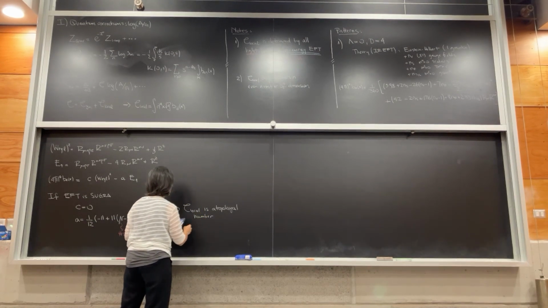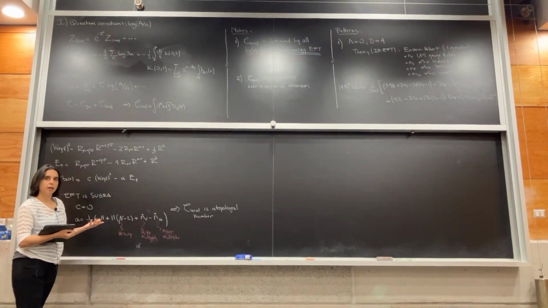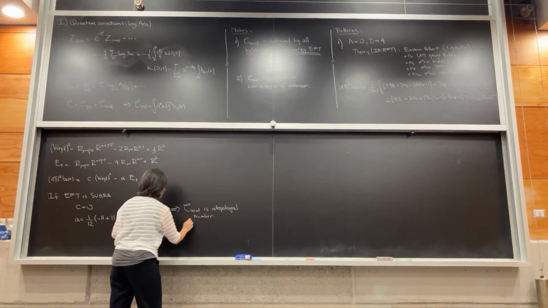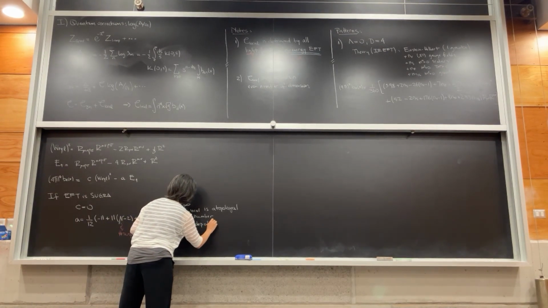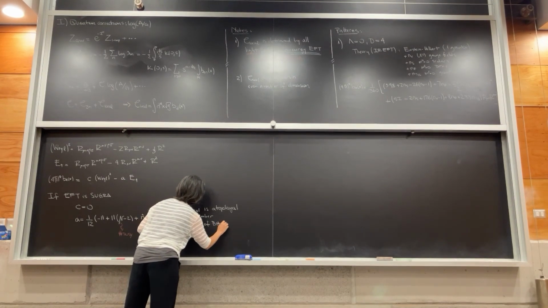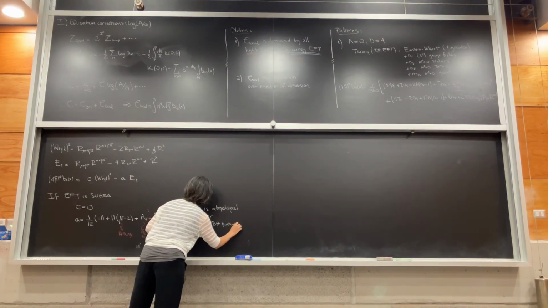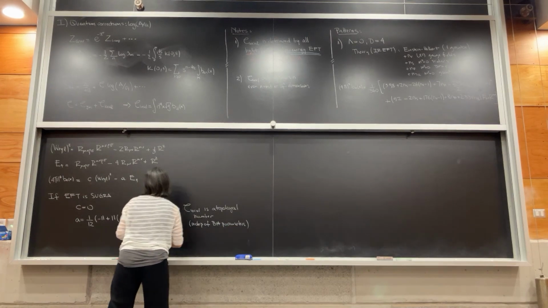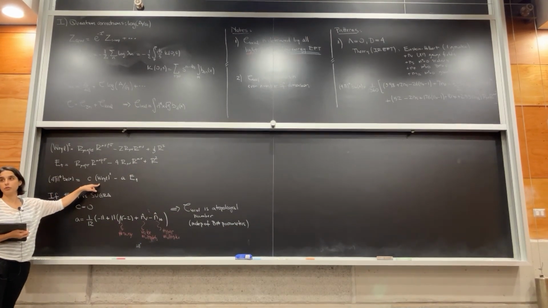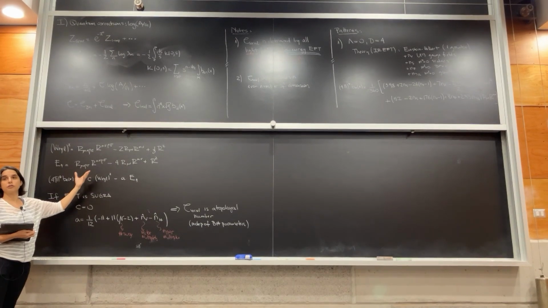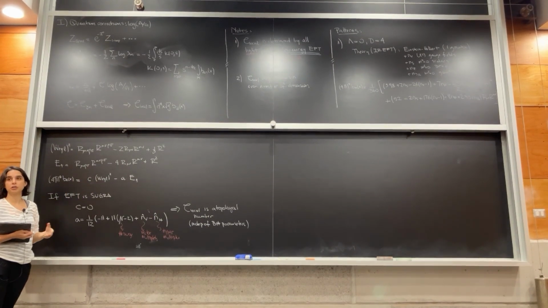Basically, as you do this integral, it is independent of black hole parameters. If C is not 0, then you have to integrate the Weyl squared. And the integral of the Weyl squared will depend on the charges that the black hole carries.